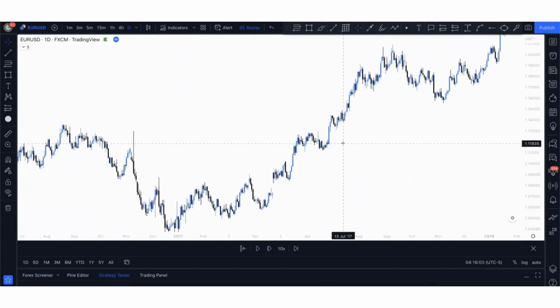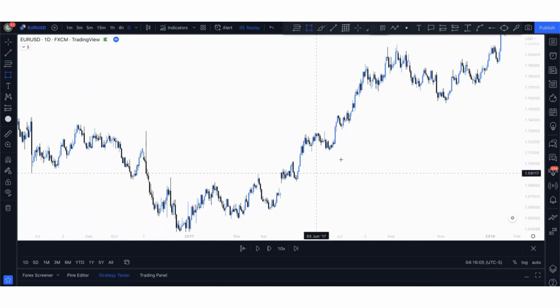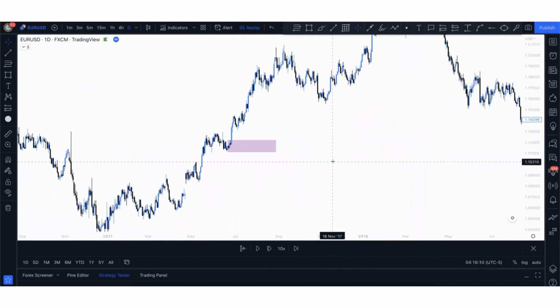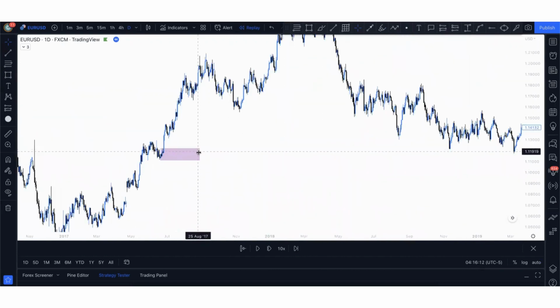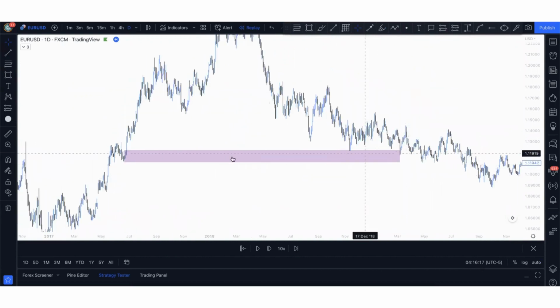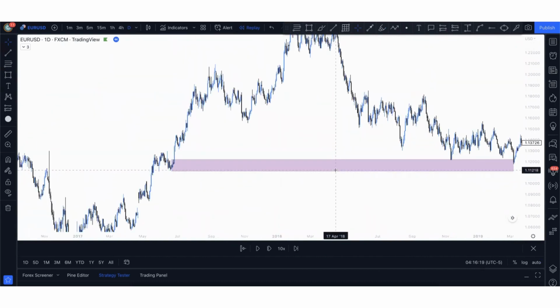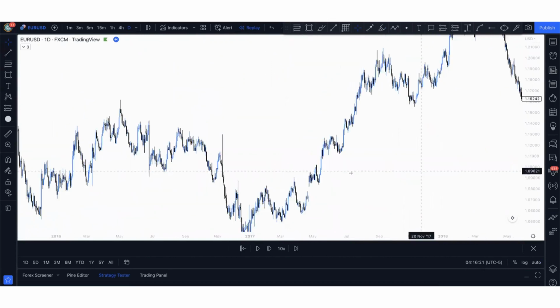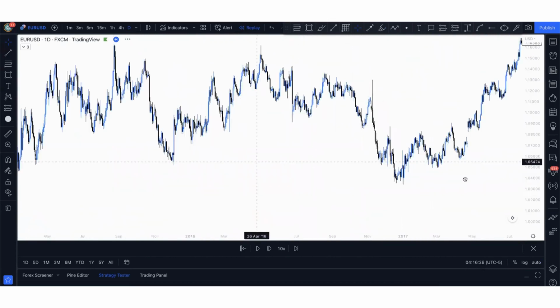So you may try to put some marks on that. So this one is a failed order block, or a failed demand, because it didn't hold the price.